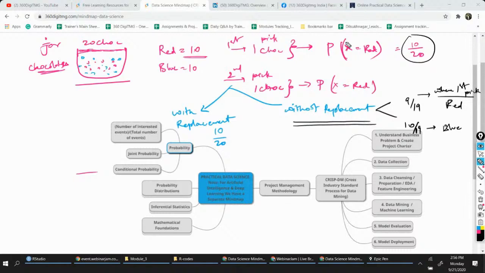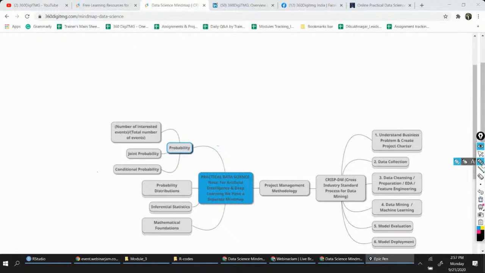Because we are going to go for a break now, and post the break we are going to discuss a concept called probability distribution. If you are clear with the probability concept, then we look at probability distribution. So probability is clear, right? Forget about conditional probability, assume that we did not discuss it. Focus only on probability.